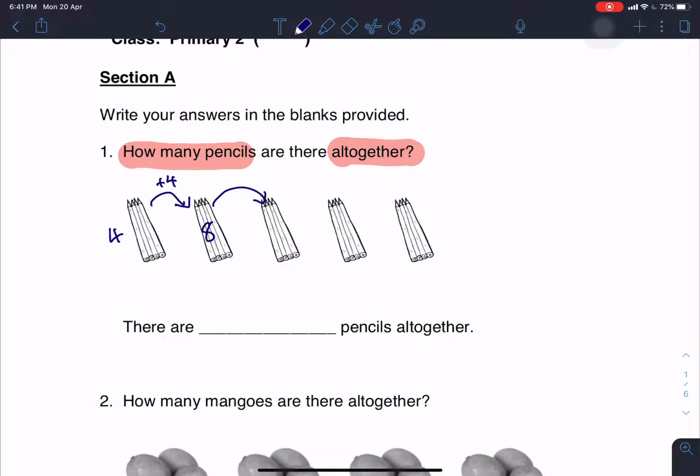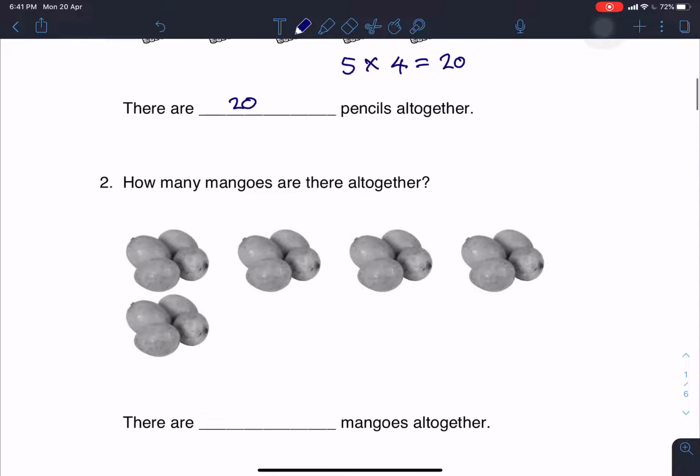I add another 4, 12, and I add another 4, which gives me 20. Therefore, there are 20 pencils altogether. Some of you are also writing it as 5 multiplied by 4 because there are 5 groups of 4, which gives you 20. That is fine as well.